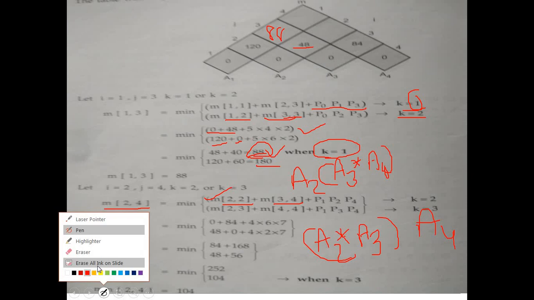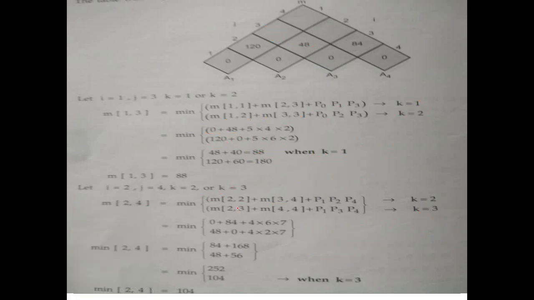So here in this case we can say M22 is 0 already. M34 is 84 here. After it P1, P2 and P4 we will write directly. Here 48 is M23, 48 plus, here we will do Pi minus 1, Pk and Pj.